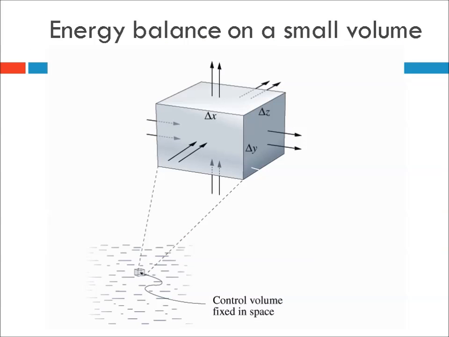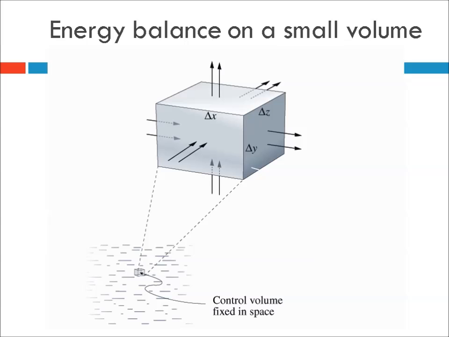Okay, we are now back doing the same kind of energy conservation analysis, except that we're going to do this considering the modes of heat transfer. So this is going to be more detailed than the energy conservation that we did before.